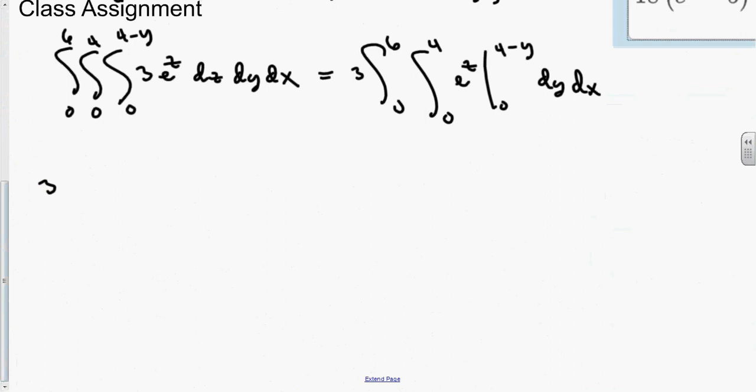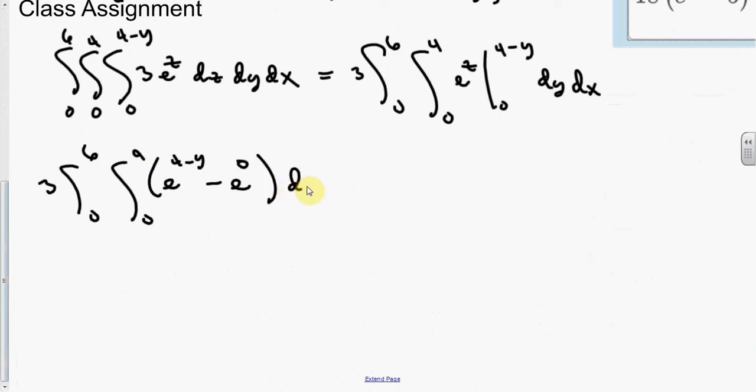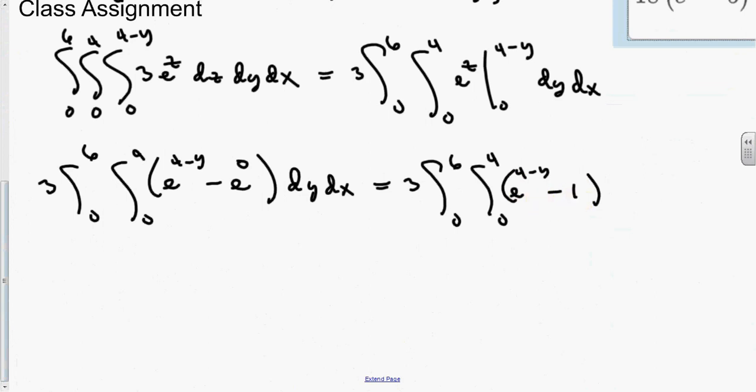So this is 3 times the integral from 0 to 6, the integral from 0 to 4. We evaluate, this is e to the 4 minus y minus e to the 0, which is 1. So this is 3 times the integral from 0 to 6, the integral from 0 to 4, of e to the 4 minus y minus 1, dy dx.